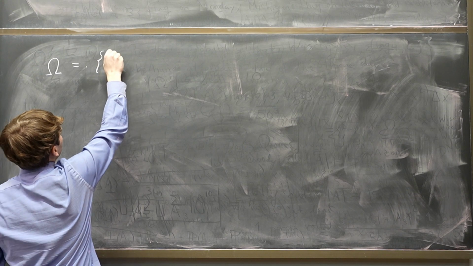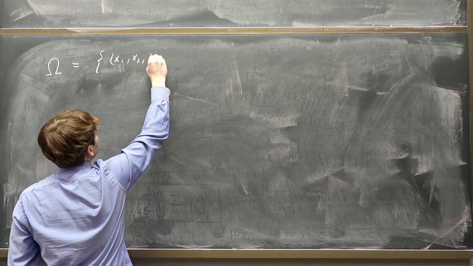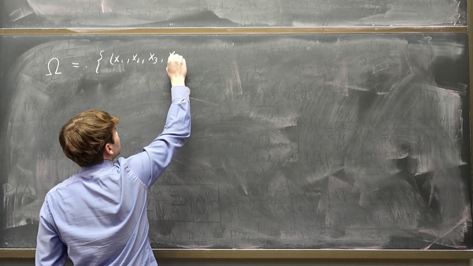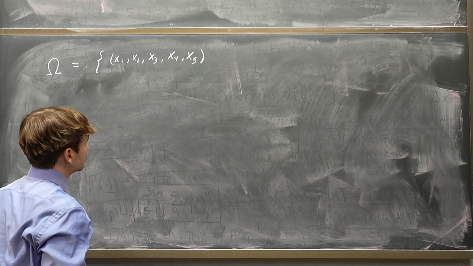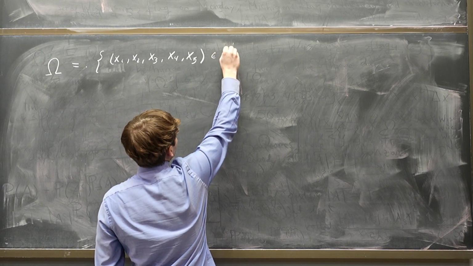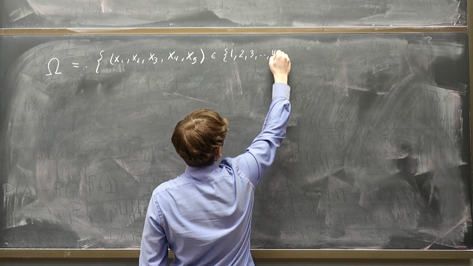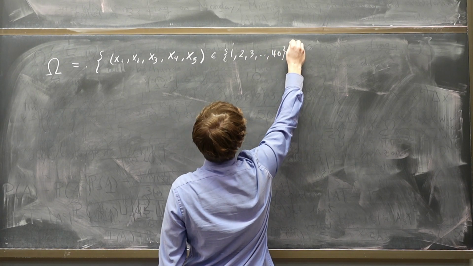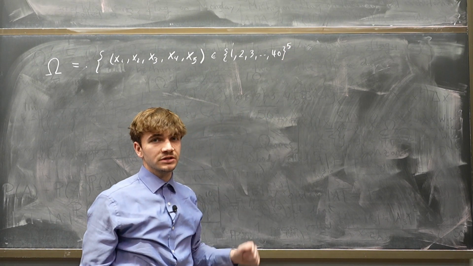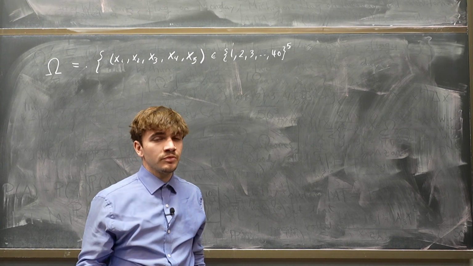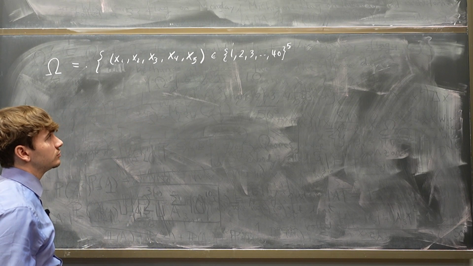So one could enumerate my 5 choices like so, and this belongs to the set {1, 2, 3, all the way up to 40} to the power 5, where raising to the power is with respect to the Cartesian product. So a set to some power is just that set Cartesian product with itself, in this case 5 times.